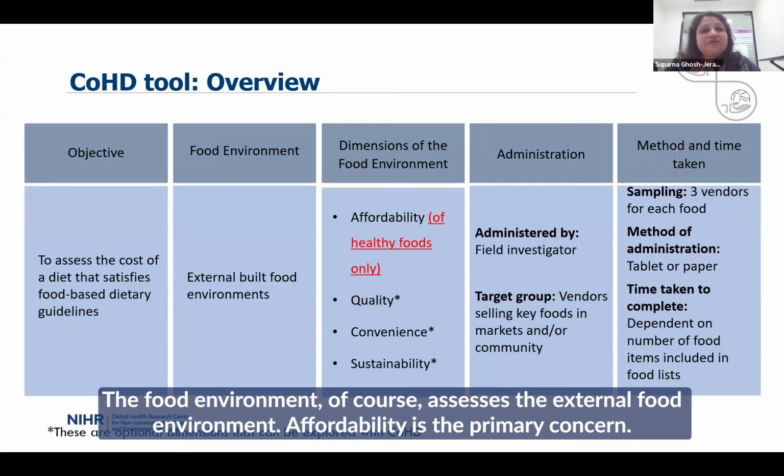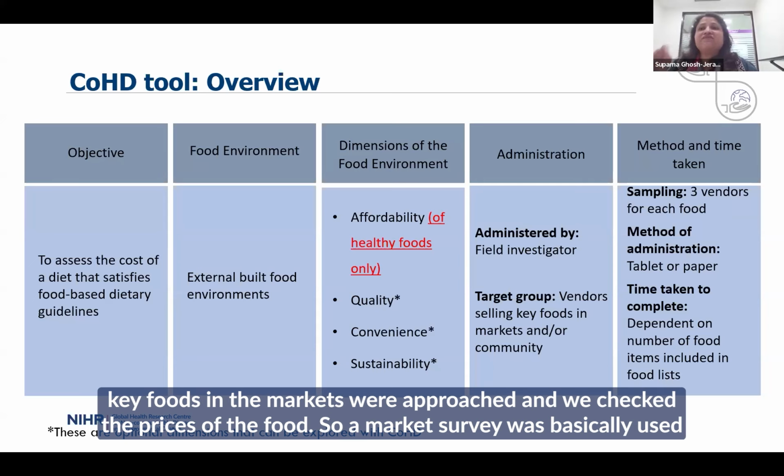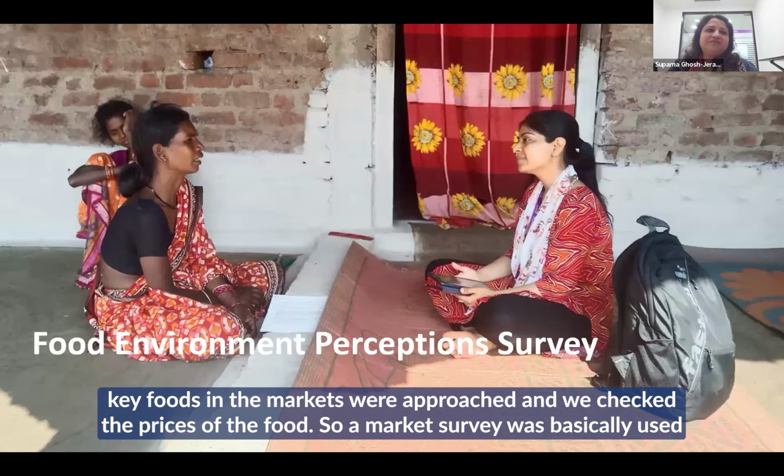The food environment assessed is, of course, the external food environment. Affordability is the primary concern. But we had just piloted a part of this, which was the primary data collection, wherein the vendors who are selling key foods in the markets were approached and we checked the prices of the food. So a market survey was basically used for this particular purpose.